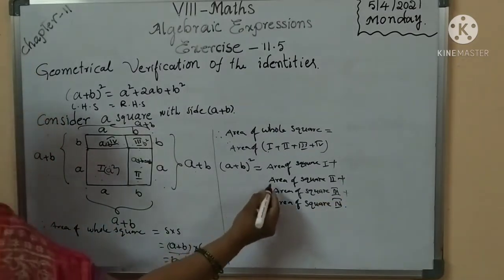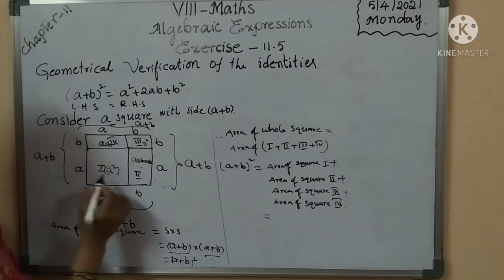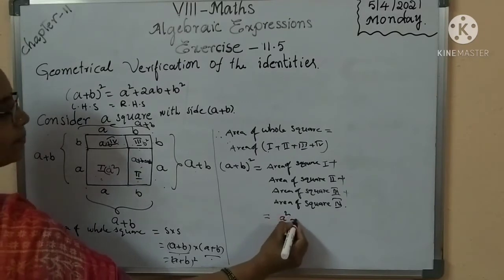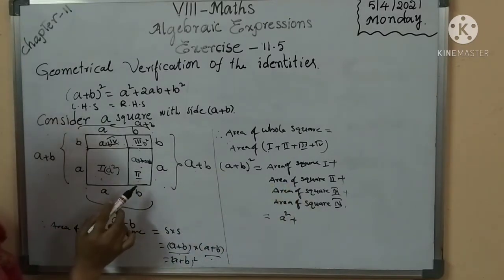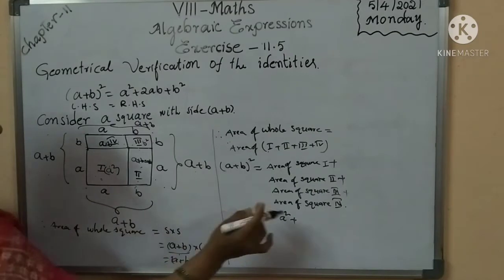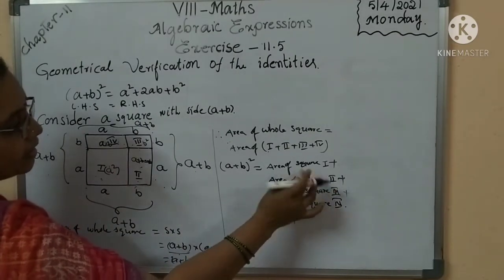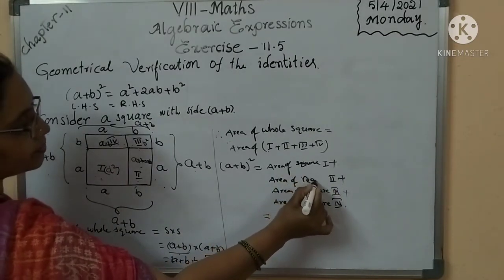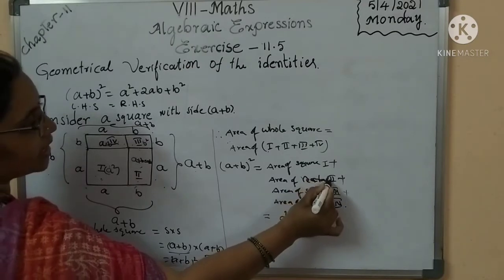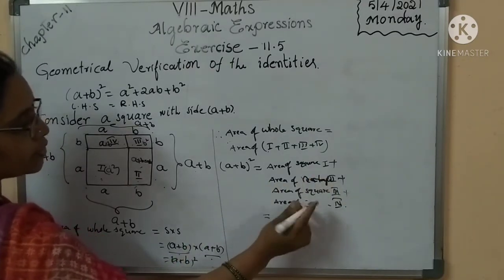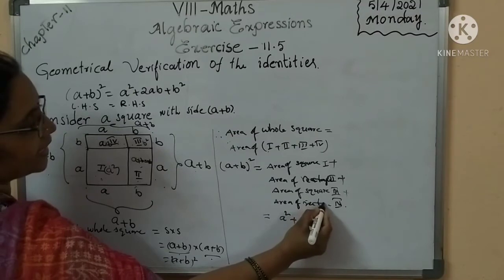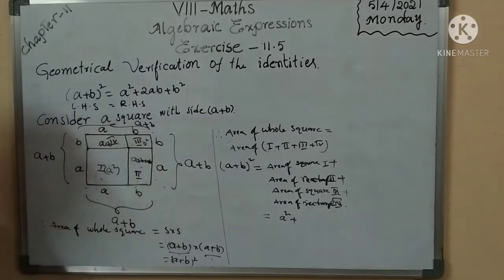Okay. So what is the area of a square? So here the area of a square is A square plus the area of a rectangle. Next one here, the area of a rectangle, and the fourth one also a rectangle.